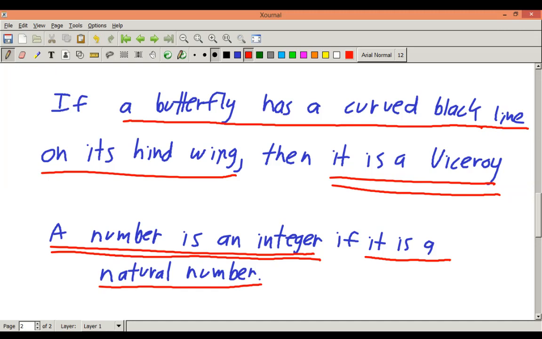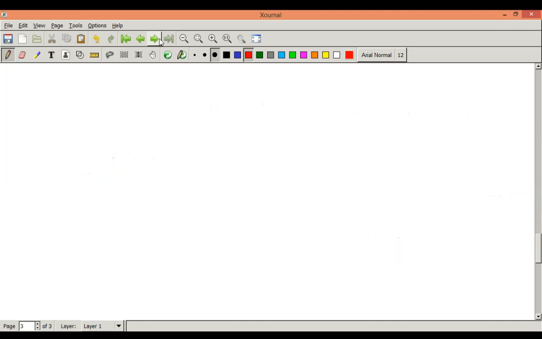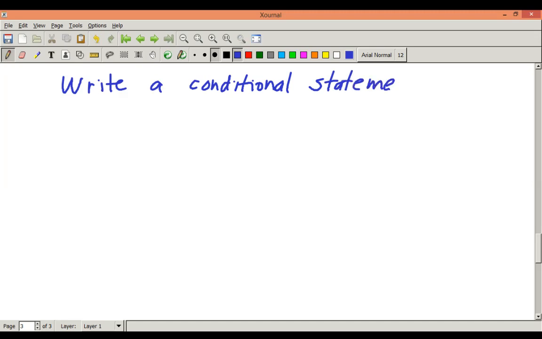Okay. Let's do some exercises with this. So the directions here will be to write a conditional statement. That's your directions.